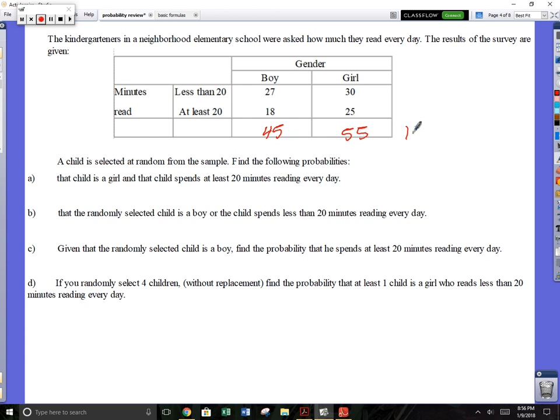So there are a total of 100 kids in that class. Kids that read less than 20 minutes, 27 and 30, that's 57 kids of the 100. At least 20, we've got 43. All right. So this would be an awesome test question.